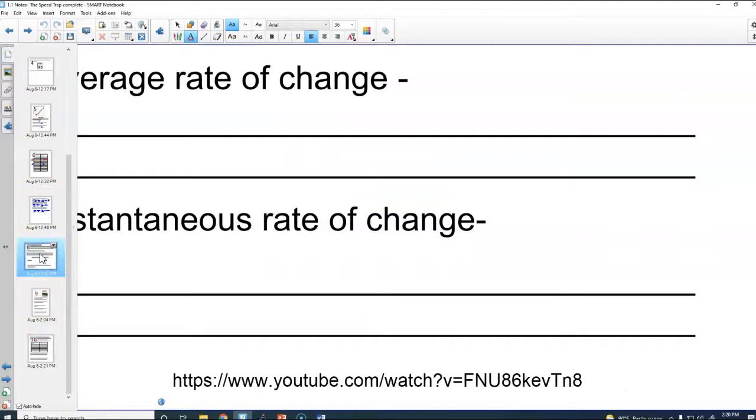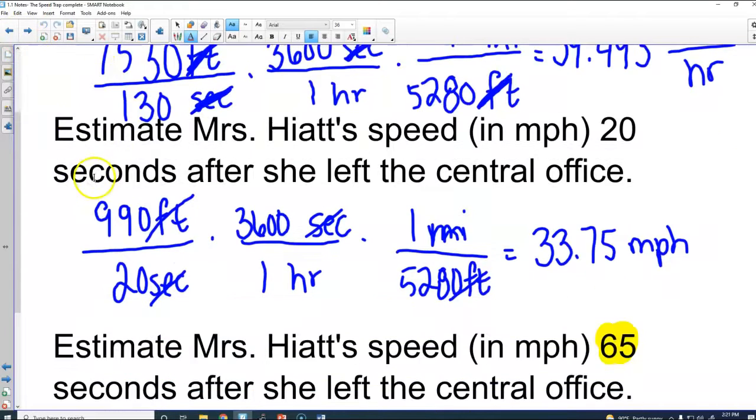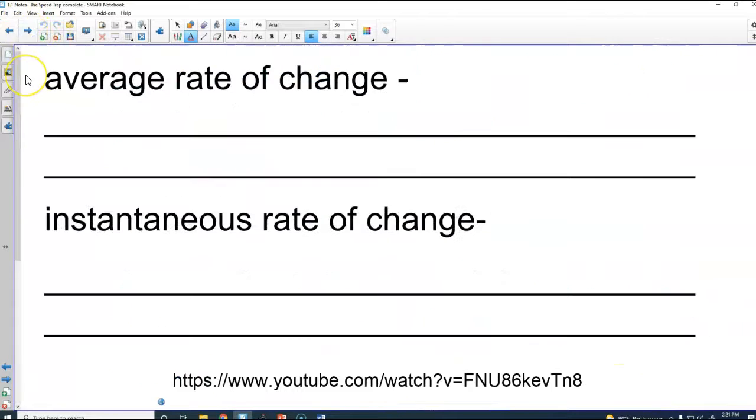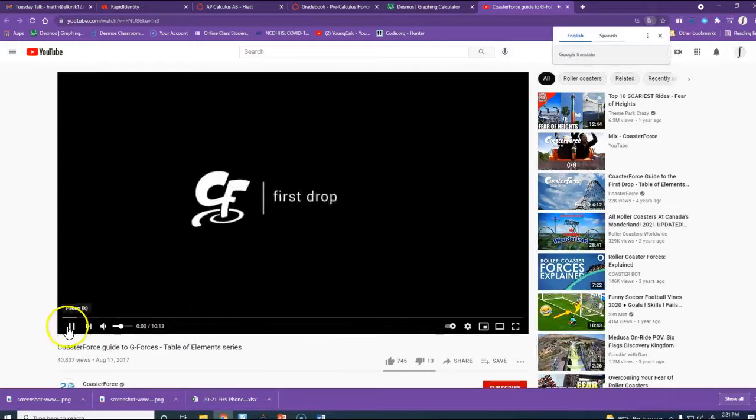So we just got a few more examples I want us to look at here. I think we finished this part, didn't we? Average speed, yeah, we finished that. Okay, so this one, I'm trying to think of what that YouTube video right there was, and whether I want to watch it or not. Let's see how long it is. Alright, we are going to watch it, it is cool.